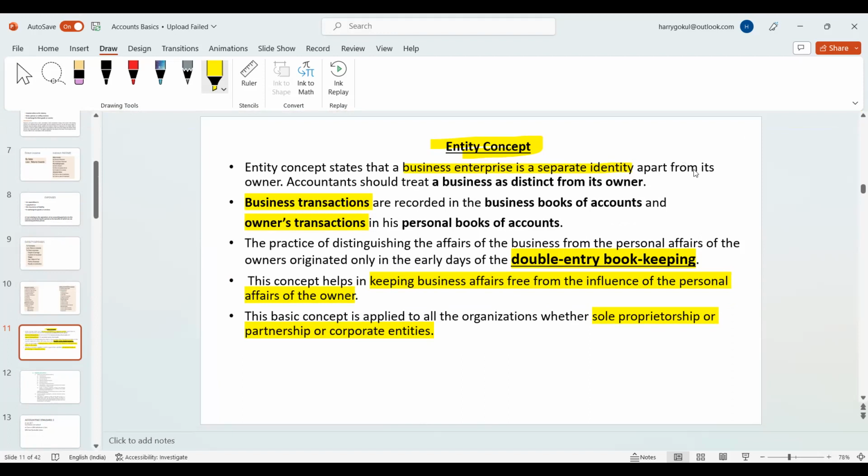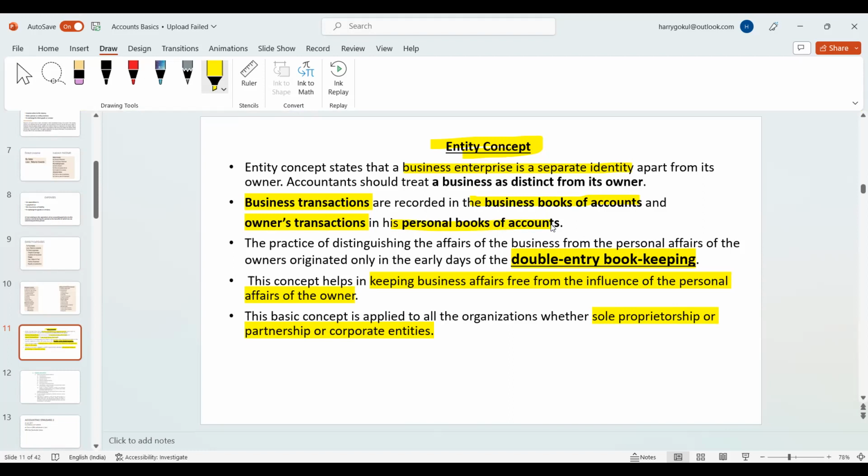We follow the double entry system of bookkeeping, so the practice came that the business and the owner are different, so that our books of accounts won't be affected. For example, imagine I am incurring personal expenses not related to the business, purchasing groceries at, for example, 1 lakh per month.